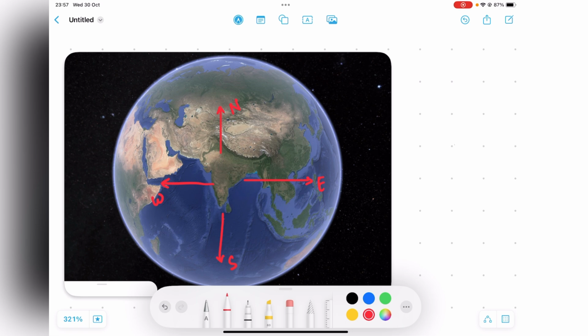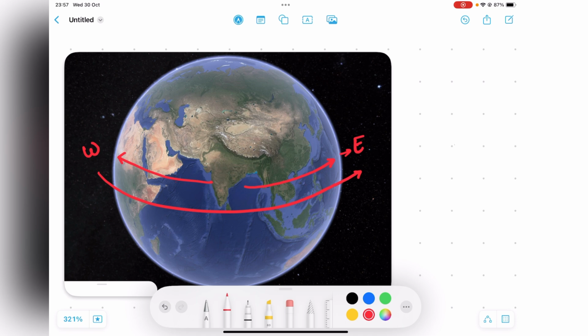To solve this, first we reference this to the Earth's rotation. We say that the Earth rotates from west to east, right? Then, if we go in the direction of rotation of Earth, that direction we term as east, and if we go opposite the rotation, we call it west.